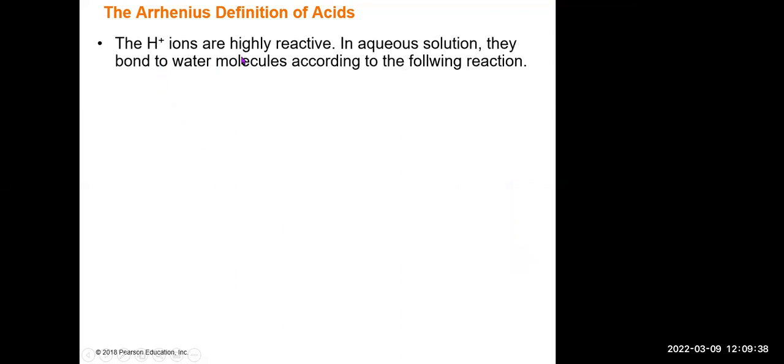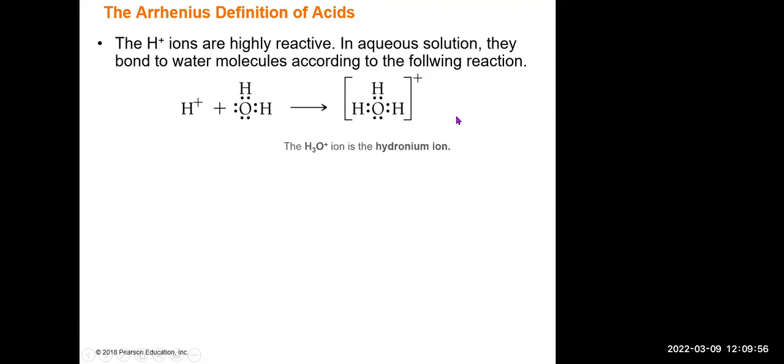The H plus ions are highly reactive. In aqueous solution, they bond to water molecules according to the following reaction. So H plus plus H2O, which is the water molecule, produces H3O plus.